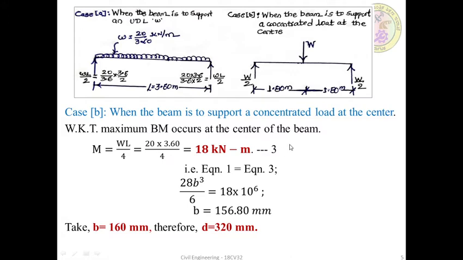That is, equating equation number 1 and 3, we get that B is equal to 156.80 millimeter. So for the safer side, we keep the higher dimension, B equal to 160 millimeter, so that the depth will be twice the breadth. Therefore, D is equal to 320 millimeter.